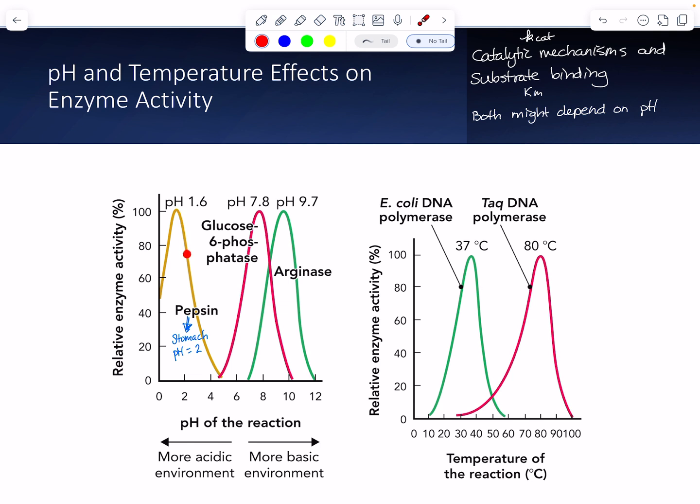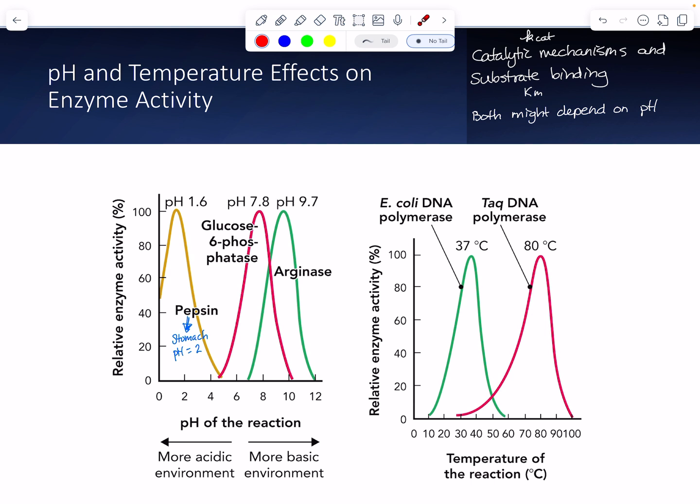And when you get above or below that pH, activity drops because the active site is no longer in its optimal protonation state. Whereas other enzymes that work in different environments can have even basic pHs as their preferred environment. That's why last week in lab, the first thing we did was try to determine which pH this enzyme worked best at.